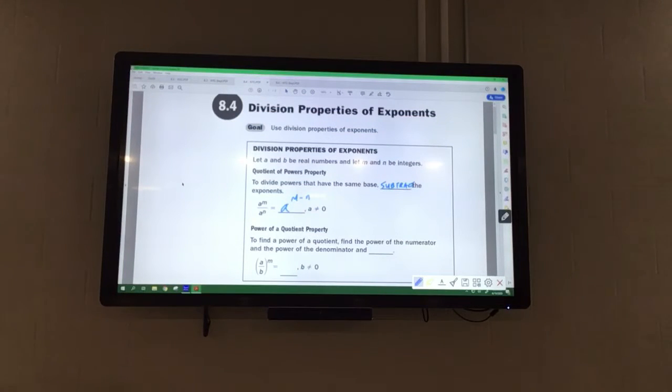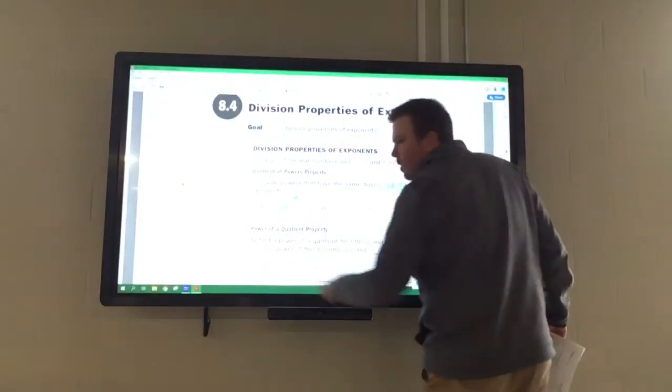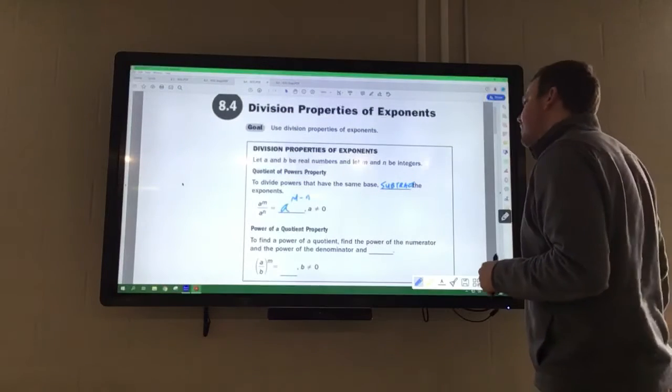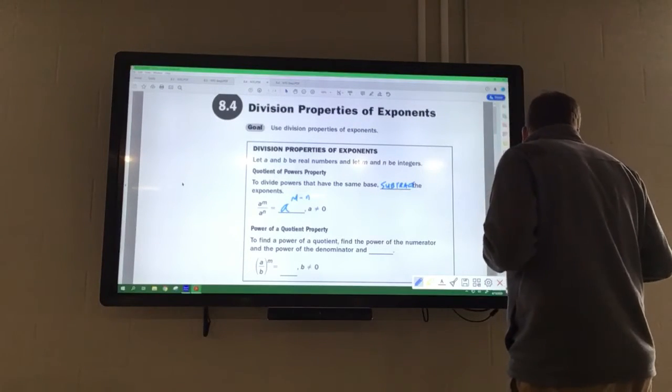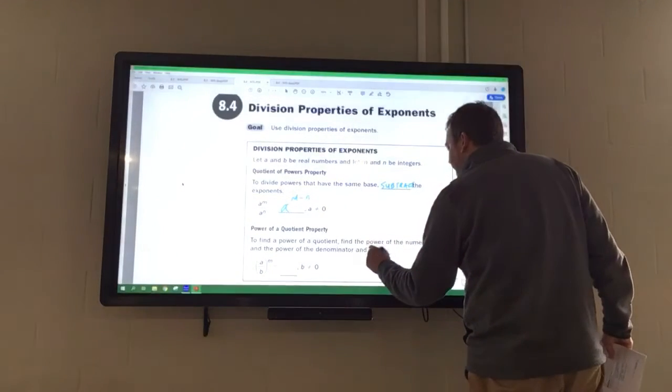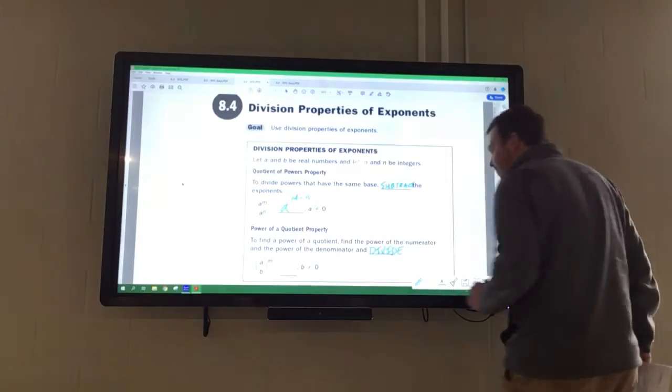We then have the power of a quotient property. To find the power of a quotient, or a fraction is another good way to think of that, we find the power of the numerator and the power of the denominator, and then we divide. Now, I want you to think of it more this way.